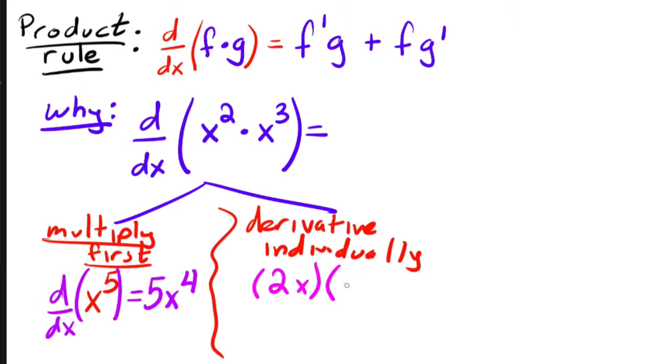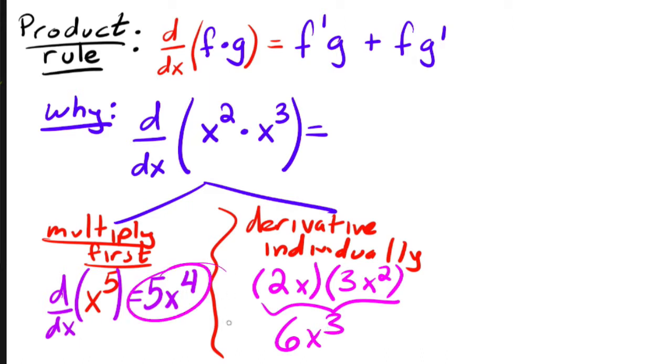The derivative of x to the third is 3x squared. Whoa, those aren't even close to being the same. So, this tells you that something is up. And so in reality, whenever you're multiplying two different functions, you need to use the product rule.